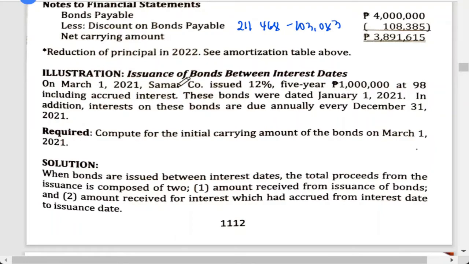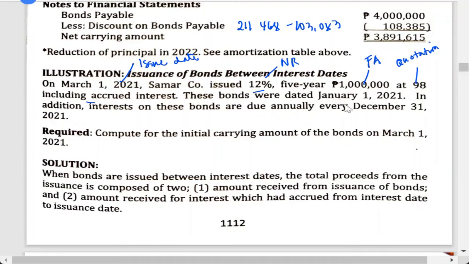So the first sentence gives us a lot of details. March 1 is our issuance date. This is our nominal rate. This is the face amount. And this is your quotation, which will help us get the fair value of the bonds. The 98 includes the accrued interest.